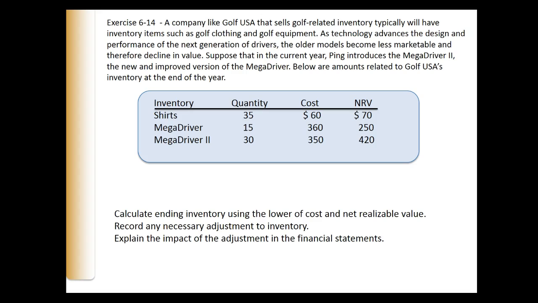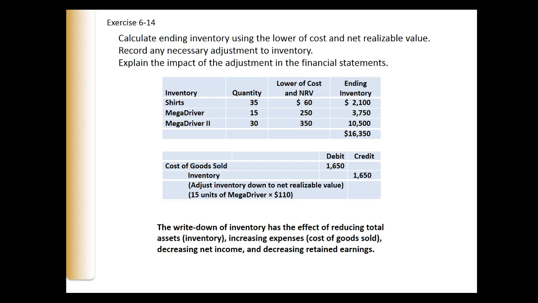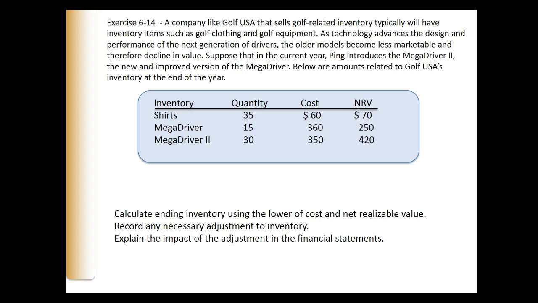Now if we go back and look at the previous slide, you see that the Mega Driver cost was 15 at 360. We're having to write those down because the net realizable value is $90 less per item. Excuse me, I said 90, I think it's 110. Yep, 110 from 250 to 360.